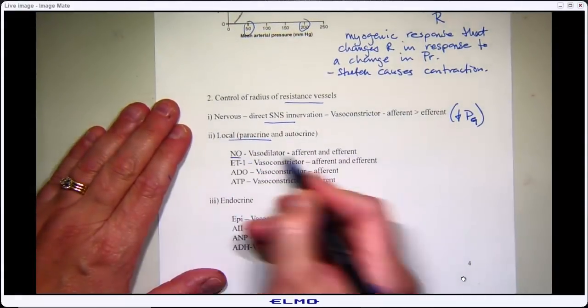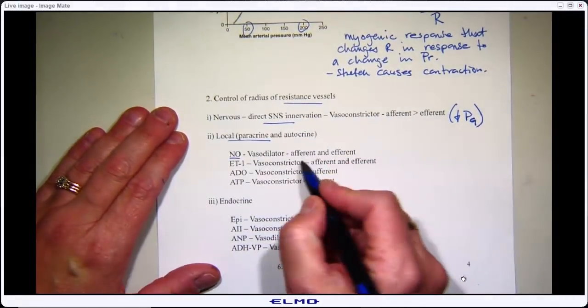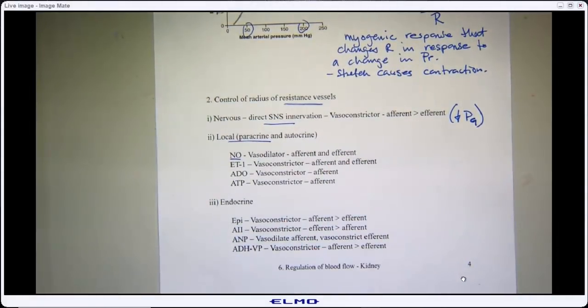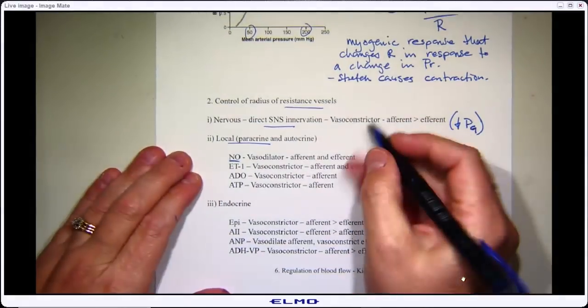Nitric oxide is a vasodilator, but it vasodilates both afferent and efferent equally. So if locally we were to expose afferent and efferent arterioles to nitric oxide, we would have no change in pressure in the glomerulus, because we change both ends. We'll change renal blood flow because we changed both ends, but we're not going to change pressure in the glomerulus.